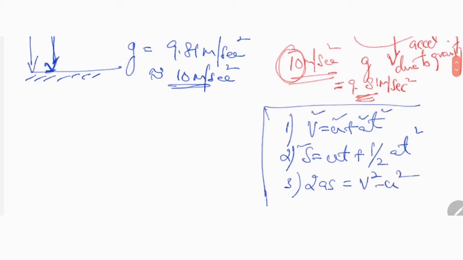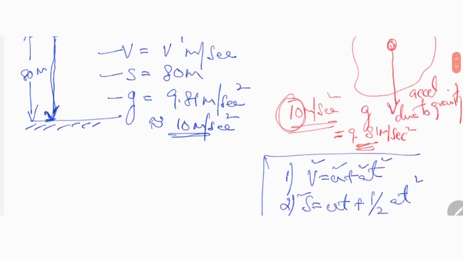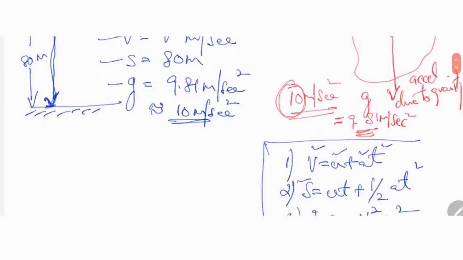Now let's apply these equations to our case here. Let's assume we need to find out how much time the ball has taken to travel from here to here. You know u, you know v, you know s, and you know g. So the most simple formula to apply here will be formula number 2. So let's go and apply it.